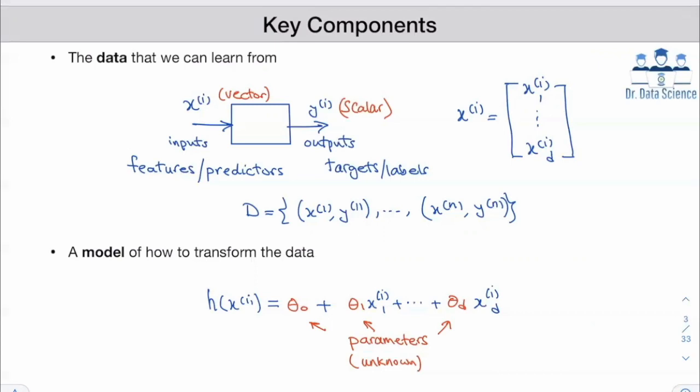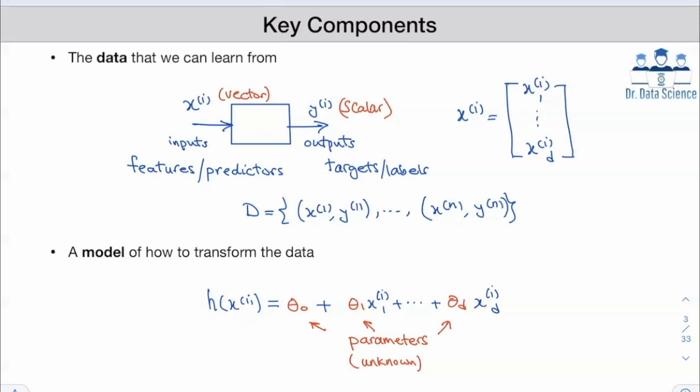Next, we need to talk about how we can transform this data, which means here that if we take these inputs x^i, how we can predict the corresponding output. Linear regression is based on this very simple model that we can find a weighted sum, also known as a linear combination of input features, to find the corresponding output.